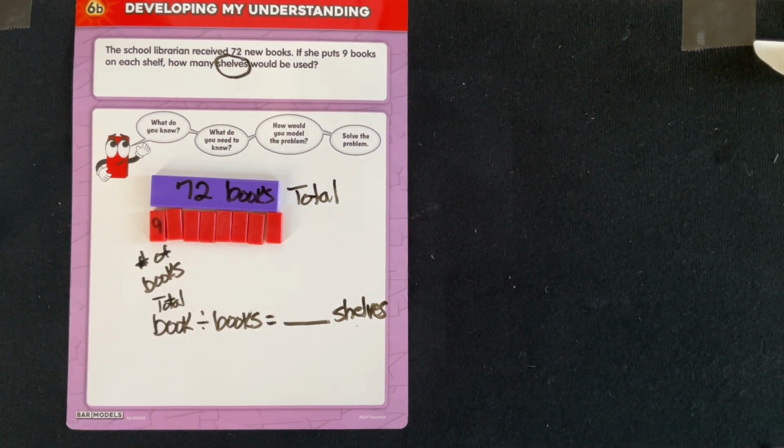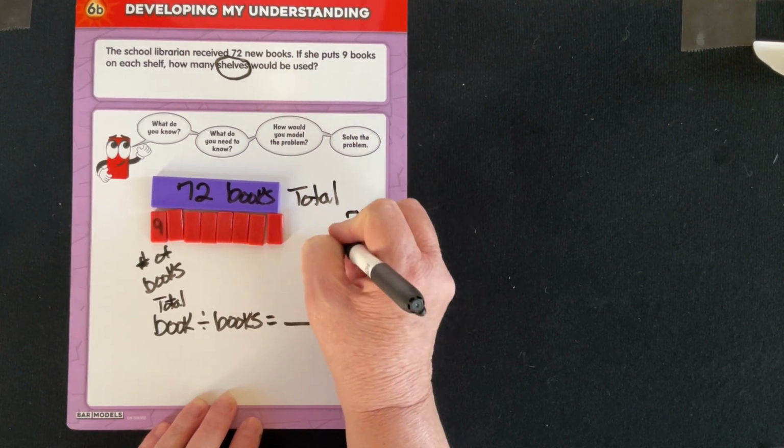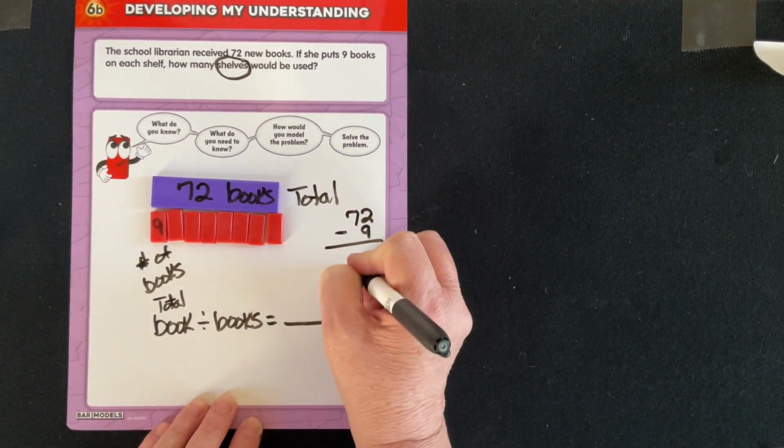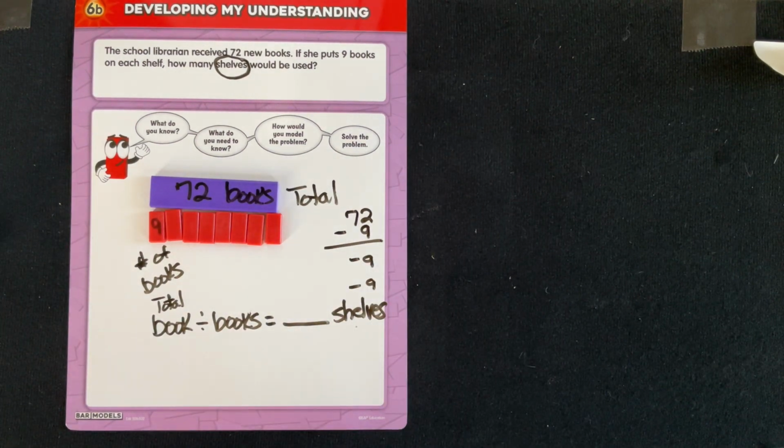Yes, it's measurement. Measurement is the only division problem that is repeated subtraction. This one, I am taking 72 total, and I could just keep pulling out 9, and just keep going until I had the answer. Now, do you want to do that? The answer is probably no.